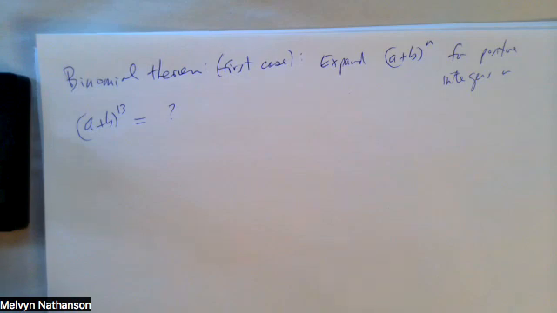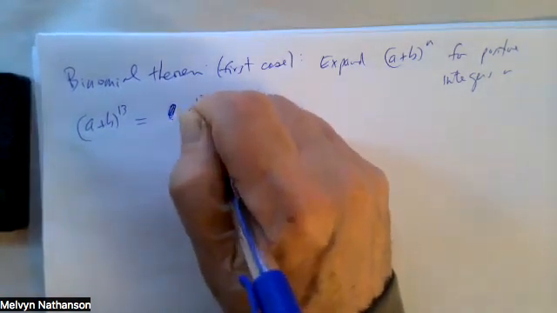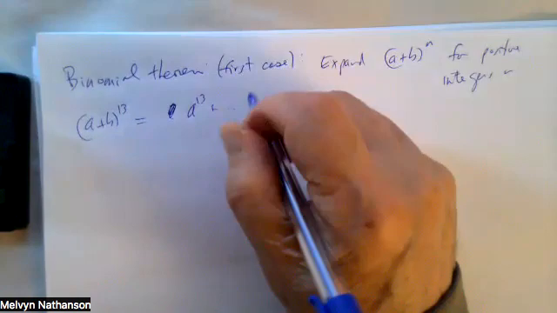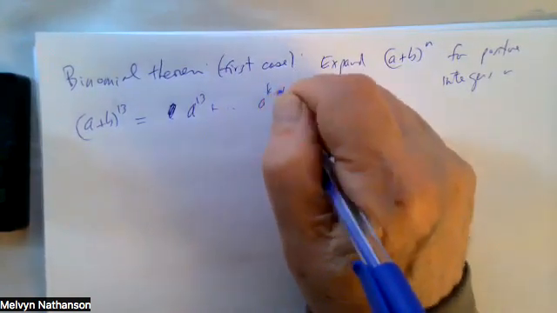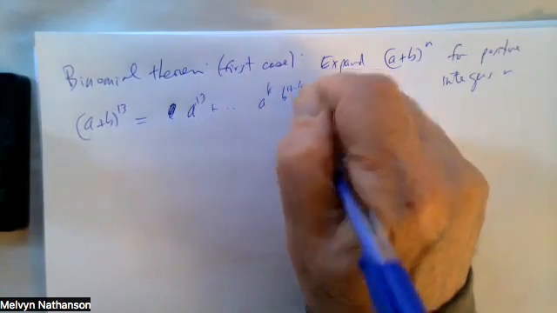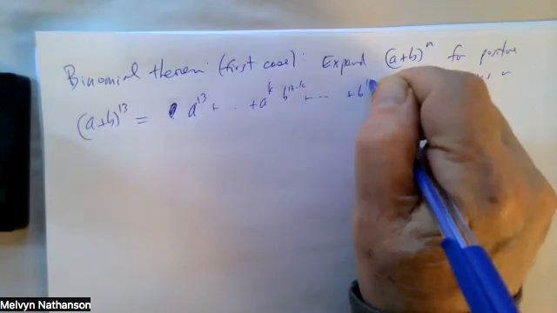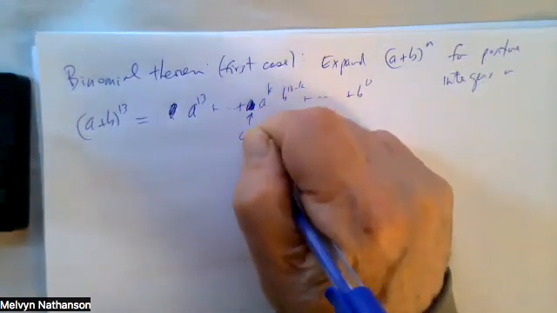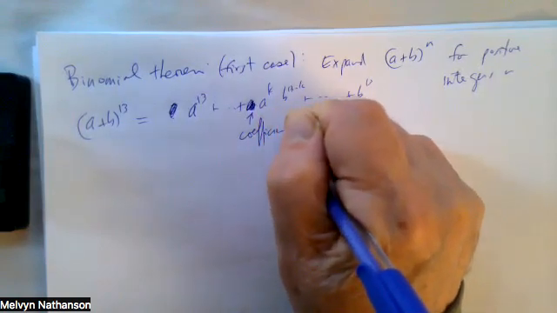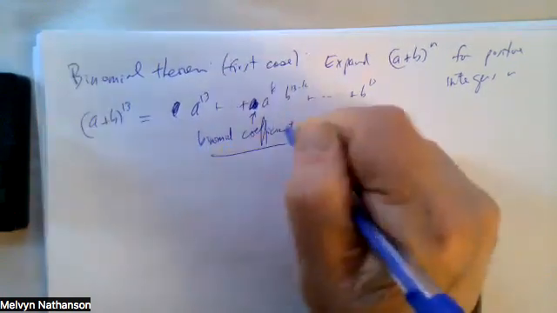Well, one way, not the best, is by expanding to the 13th power. You're going to have a to the 13th plus lots of terms. The general term will be a and b to powers such that if a is to the k, b is to the 13 minus k, up to b to the 13th, times some coefficient, which is called the binomial coefficient.